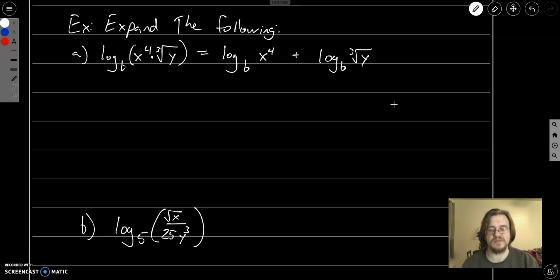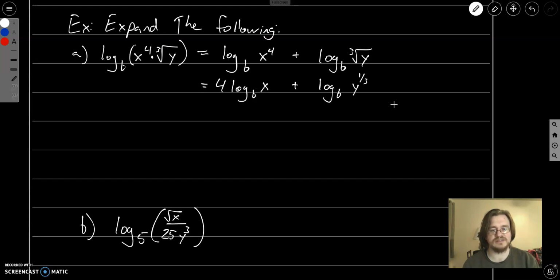So let's see if we can simplify this a little bit more. Well, here I have a power, so I can turn exponents into products. So I can pull this down and I can write 4 times the log base b of x. And then over here I have the cube root of y. Just like before, I can recognize that the cube root of y is just y to the 1/3 power.